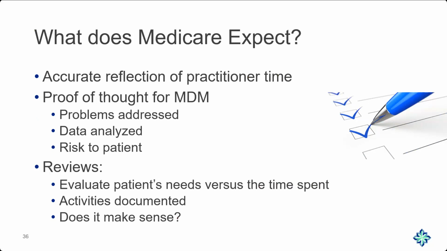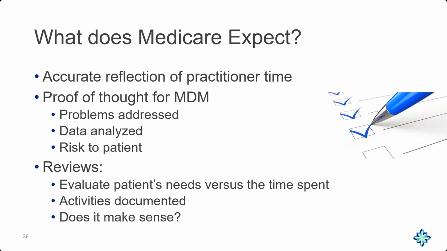We did get some questions on reviews. We did get one question asking about on a RAC audit how they can be qualified to determine whether or not a level of service is correct? And the answer to that is our RAC audits, they do involve medical professionals and they're looking at that documentation.